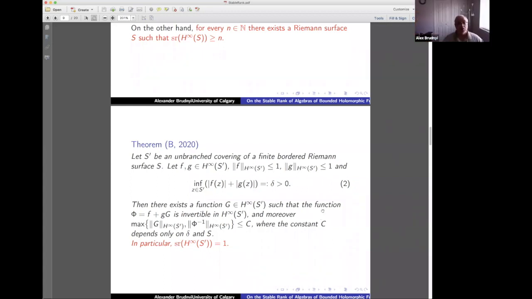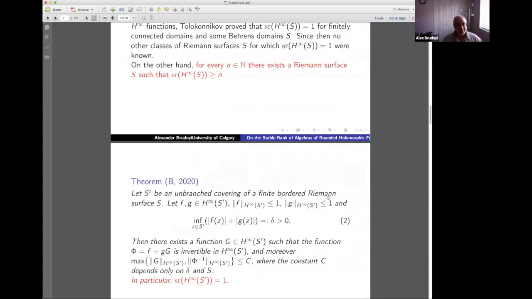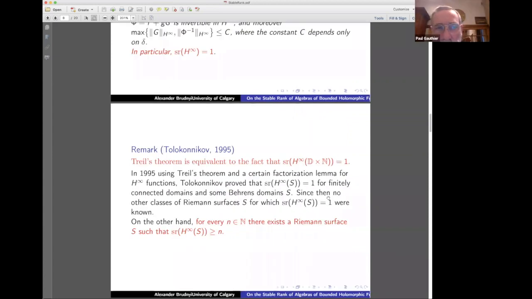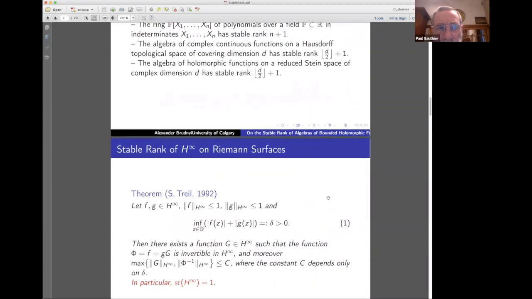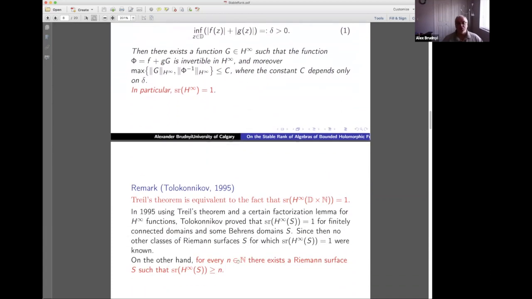I don't know, sorry. This is what I can prove. Somewhere I actually formulated it. Here it is. For every integer n, there is a Riemann surface whose stable rank is greater than or equal to n.